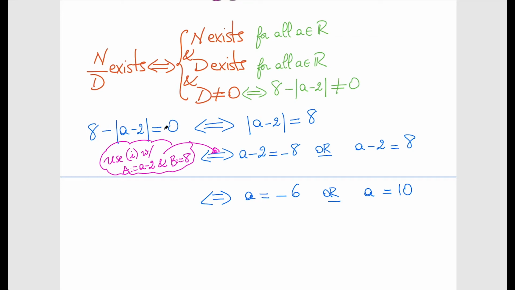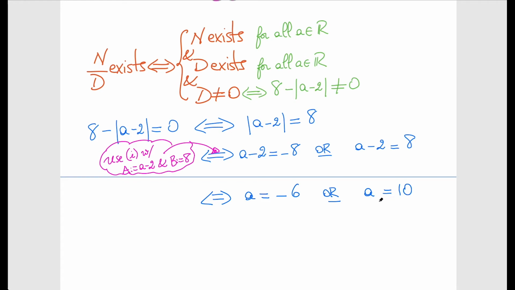Okay, now you did not want this to happen. You didn't want this equality or this equation to be true. If you don't want it to be true, you don't want these values, because the only time this equation is true is when a is minus 6 or a is 10.